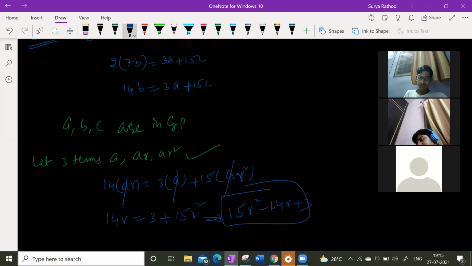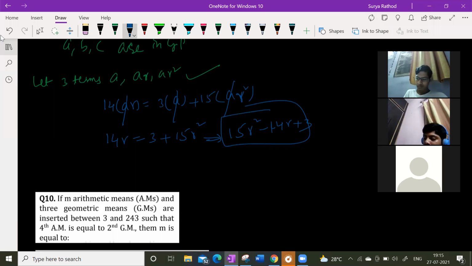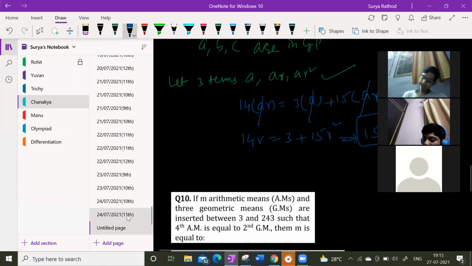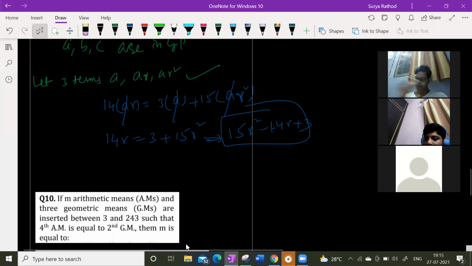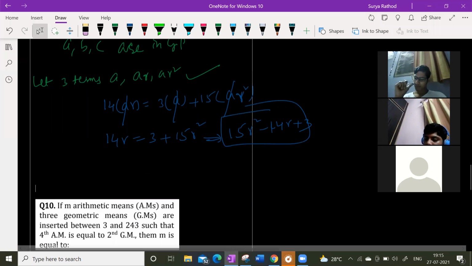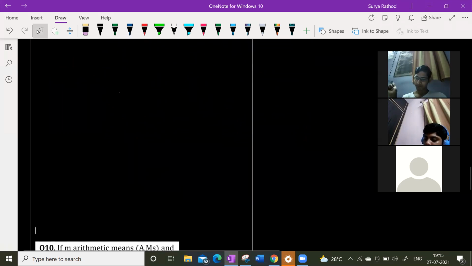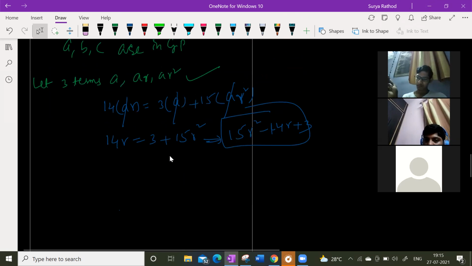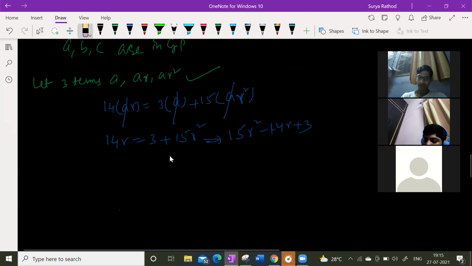How can I factorize this? Guys, are you able to follow?